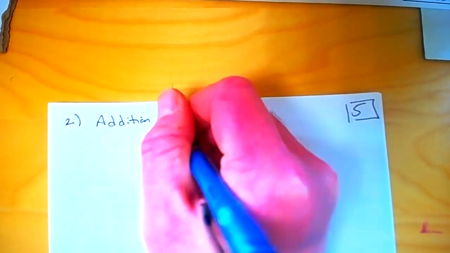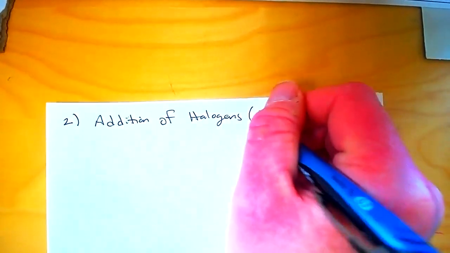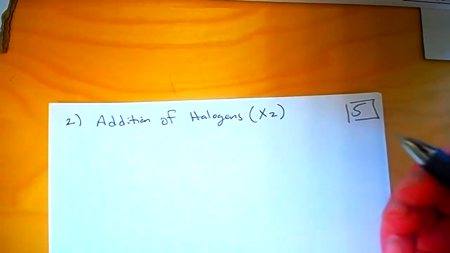Okay. Now, as far as addition reactions, our next big thing to tackle, since we've only been talking about hydrogen halides, is the addition of halogens directly, or X2.